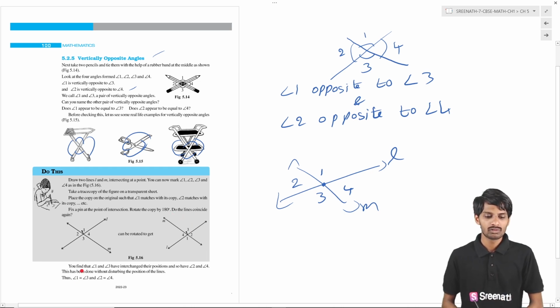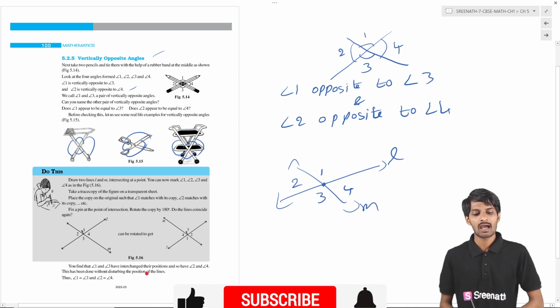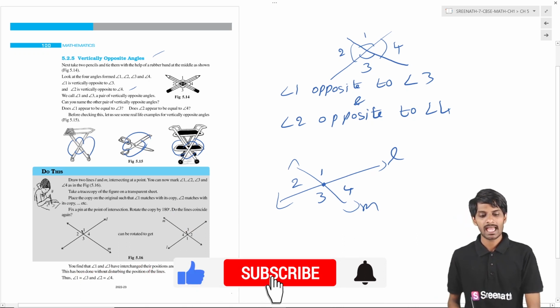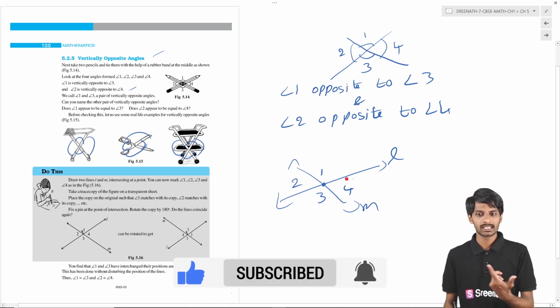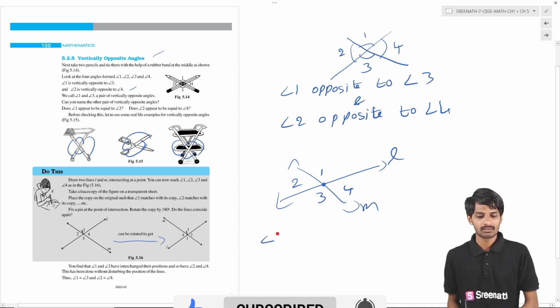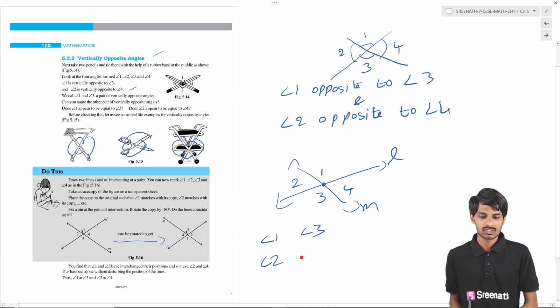You will find that angle 1 and angle 3 have interchanged their positions, and angle 2 is interchanged with angle 4, students. And one more thing you observe after rotating the trace paper like this: angle 1 and angle 3 are equal, and angle 2 and angle 4 are equal.